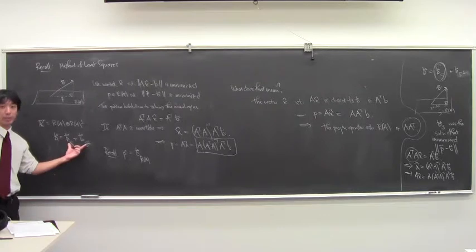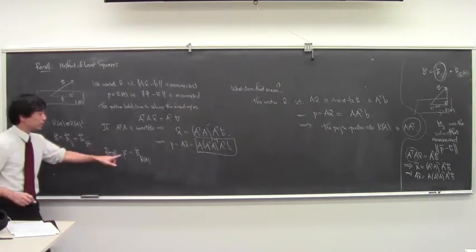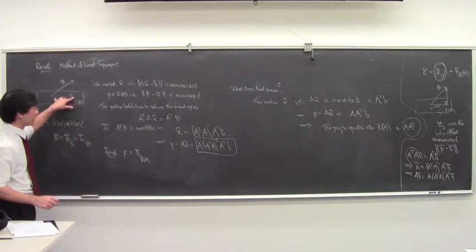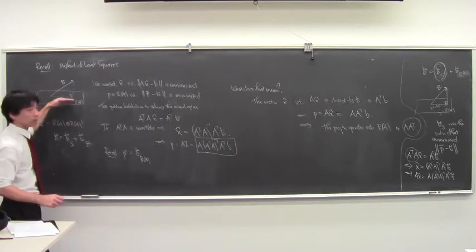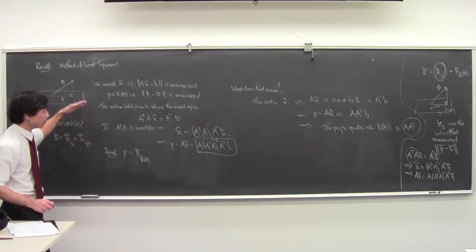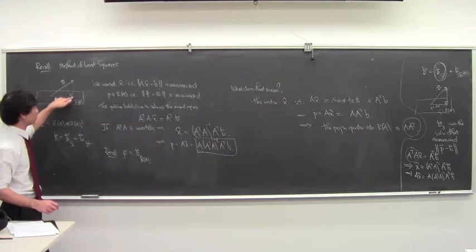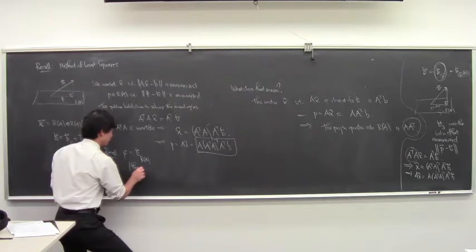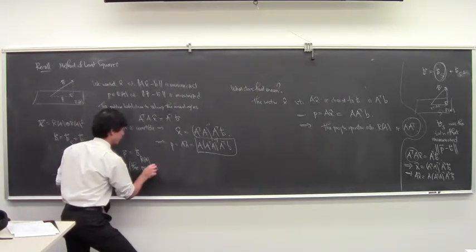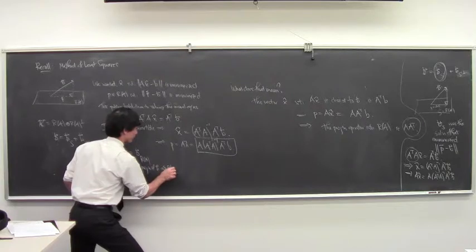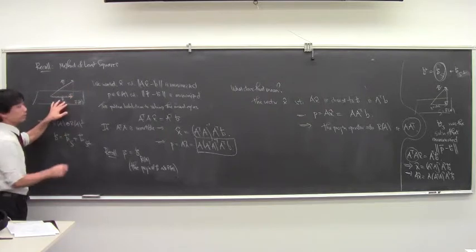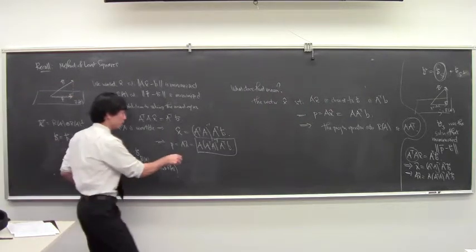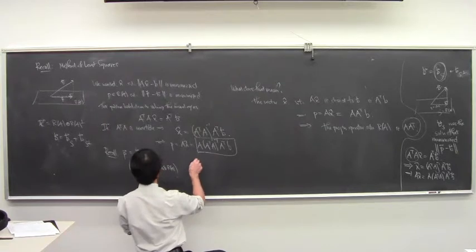And so you could take your B and split it up into these two pieces. And this P turned out, by the Pythagorean theorem, to be the part of B that was in RA, which is the perpendicular projection of B onto RA. You take B and you project it perpendicularly down, and that's P.